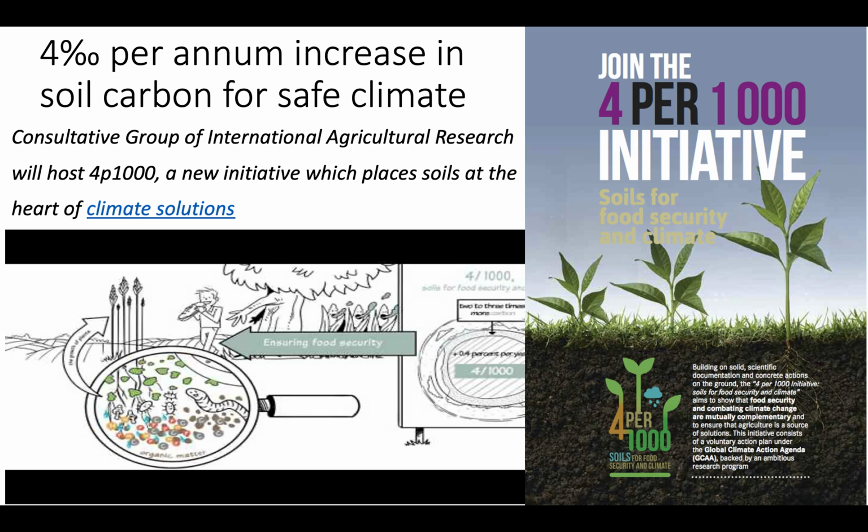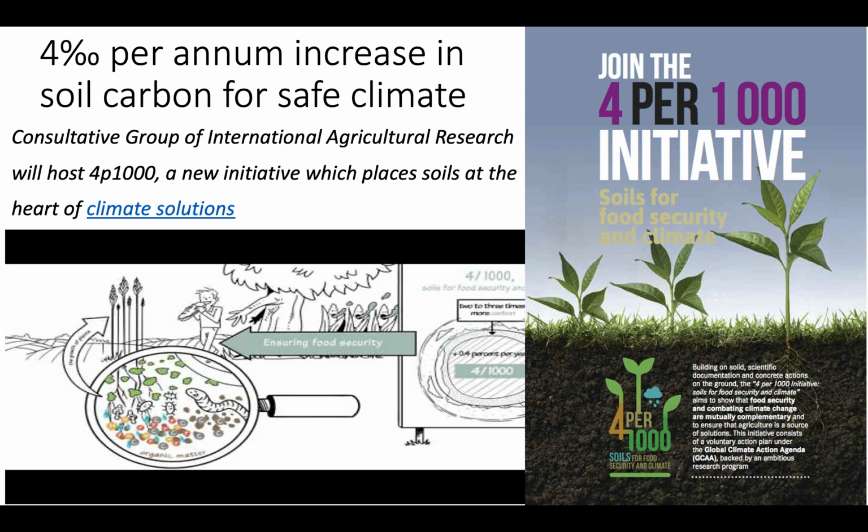This was actually at the Paris Agreement. There was a solution proposed. It's called 4P1000. 0.4%, or 4 parts per mil per annum, in the top 30 centimeters of soil. If we could build soil carbon at that rate in our agricultural conditions worldwide, it's certainly possible in some agricultural conditions, not maybe everywhere, but if we could, that would actually cancel out all the anthropogenic carbon emissions.